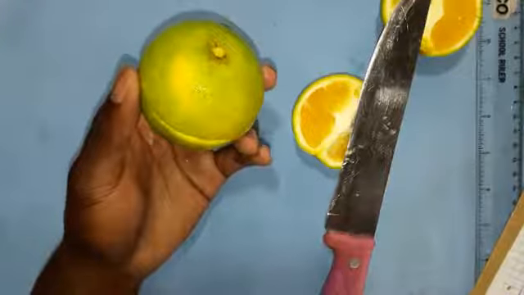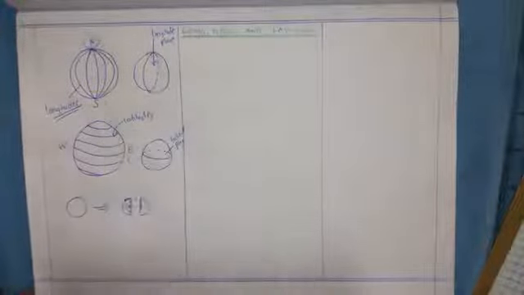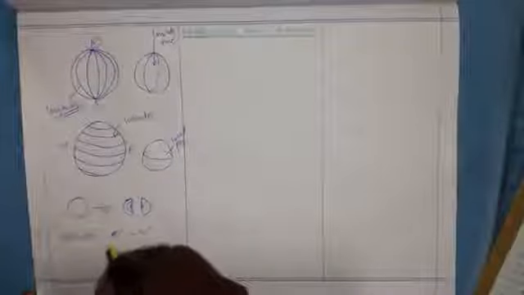I believe that one helped. Let us pick up something small. This will be latitudes and that will be longitudes. We have found out that latitudes measure from 0 degrees to 90 degrees, 0 being the equator.